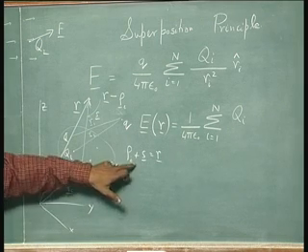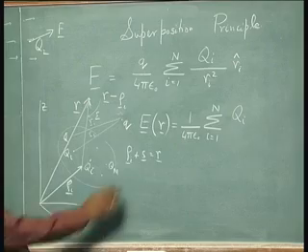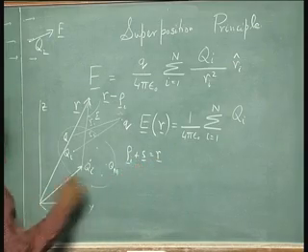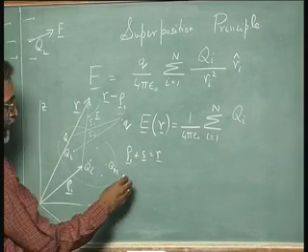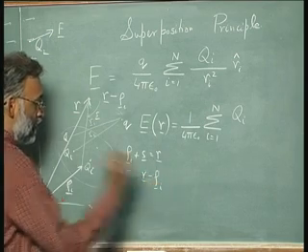So, this must be true. If I take rho i to the other side, then I get s is equal to r minus rho i.